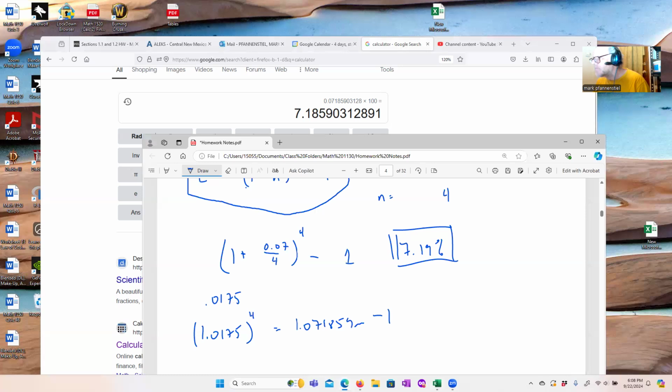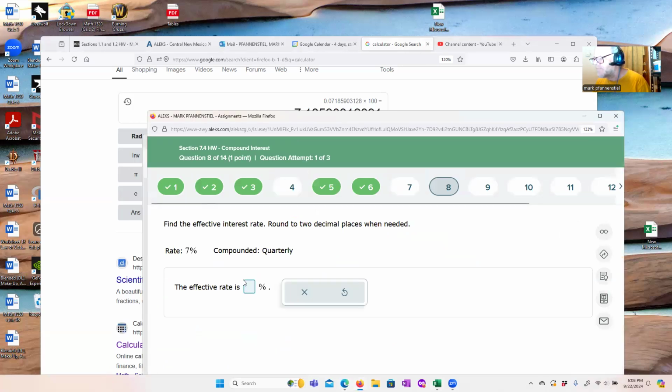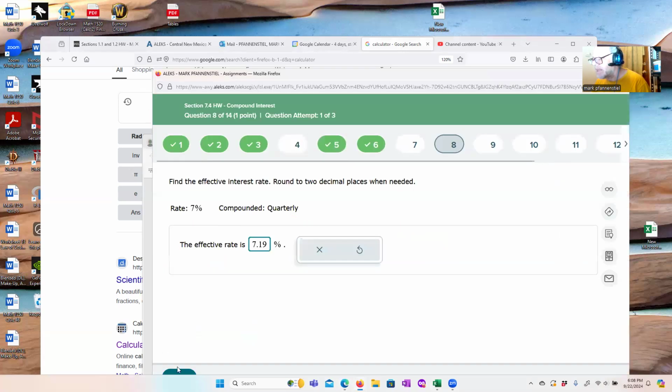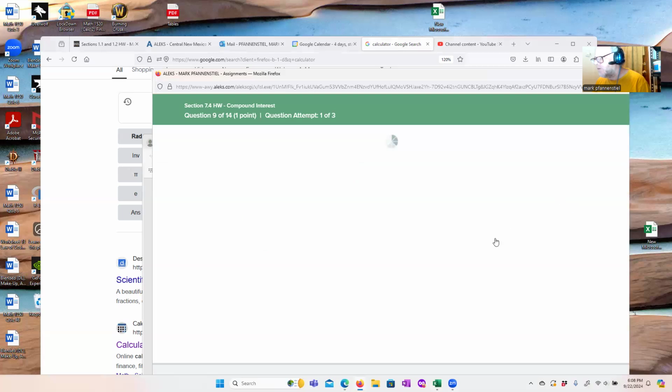There it is. 7.19%. Fingers are crossed. Let's see if we get it. We'll say check. Ta-da! And there we go. Those aren't too bad. Again, I wish they would have given us this as an intro problem. All right, let's go ahead and look at the next one.